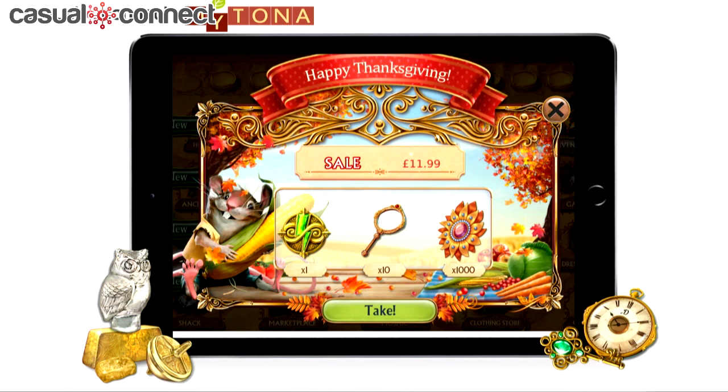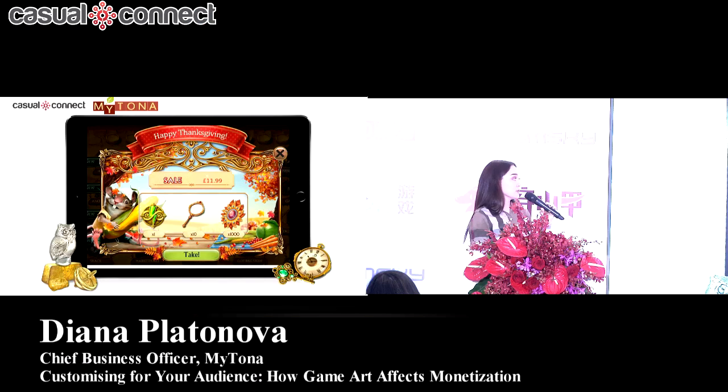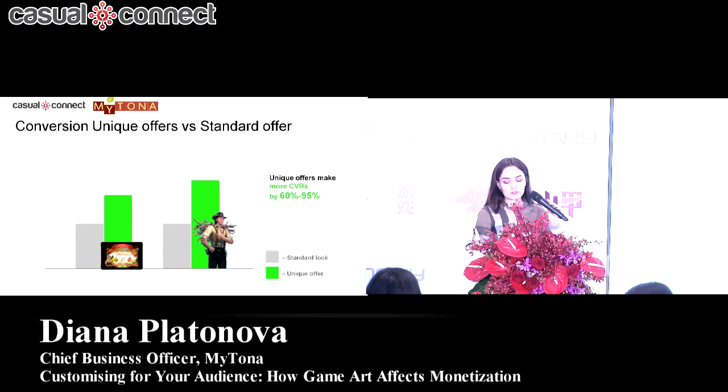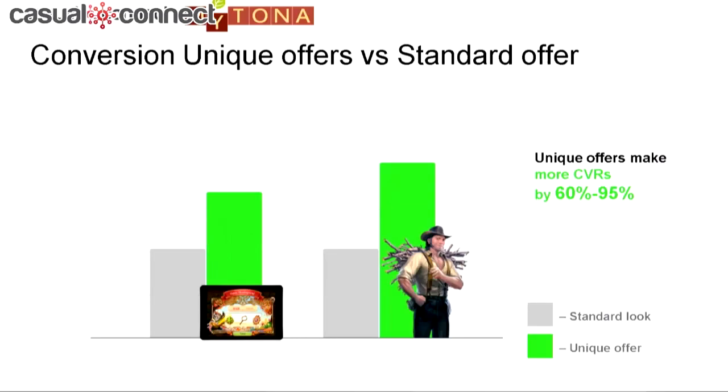The main thing is that the character has to look very suitable in the offer window. So here are the results. The gray bar is the average conversion level for limited type offers without redesign, and the green bar is the same offers with special characters. We see that the redesign allows you to increase the conversion rate by 60 to 95%.